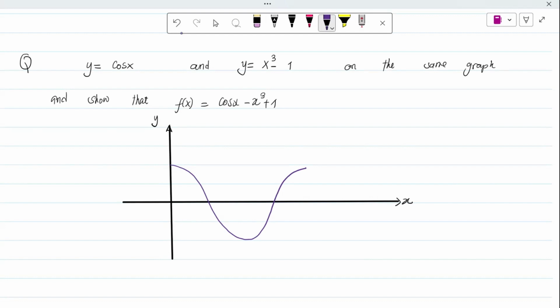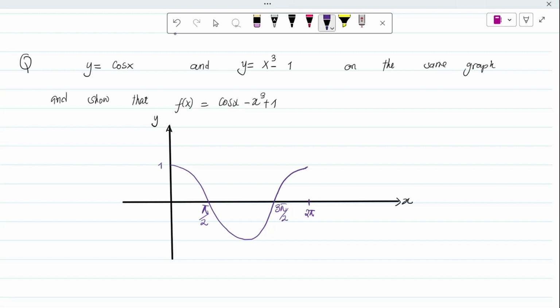Then here is 2 pi, here is pi over 2, and this is 3 pi over 2. Okay, so 1, and then it goes back here.